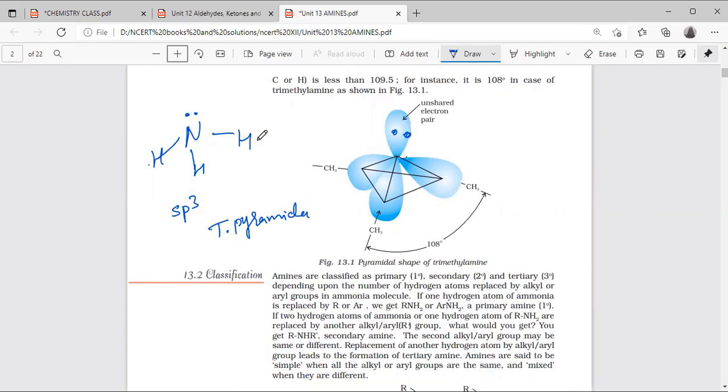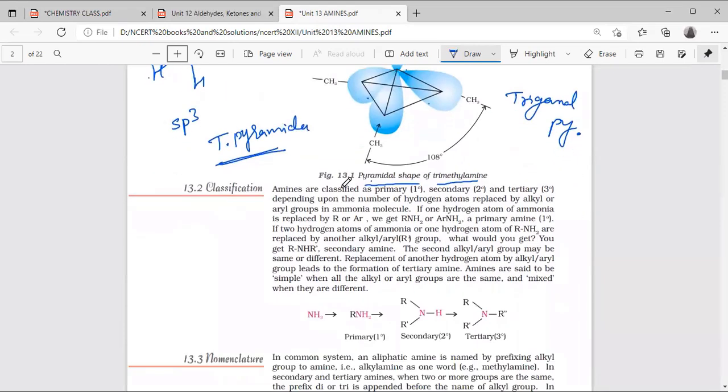In place of hydrogens, an R group, a methyl group is there. So the pyramidal shape of trimethylamine. Simply written as pyramidal, but we need to mention actually trigonal pyramidal. So here one lone pair is there, it's okay.